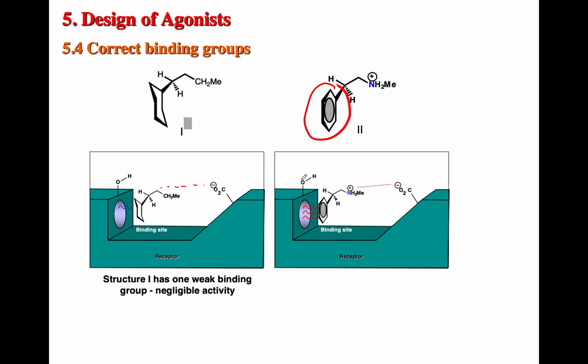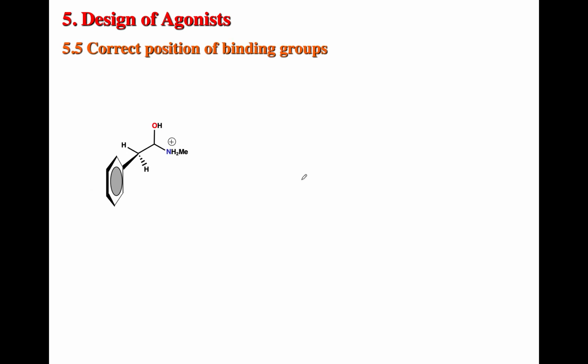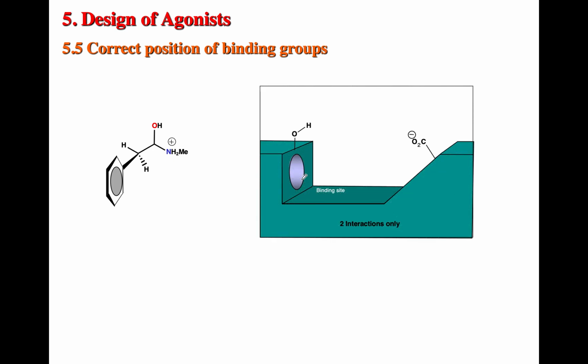So structure 1 has one weak binding group and has negligible activity. Structure 2 has two of the required 3, and also has weak activity. So not only do you need to have the correct groups, but they need to be positioned correctly. This particular molecule, for instance, has the ability to engage in van der Waals interactions, hydrogen bonding interaction, and ionic interaction.